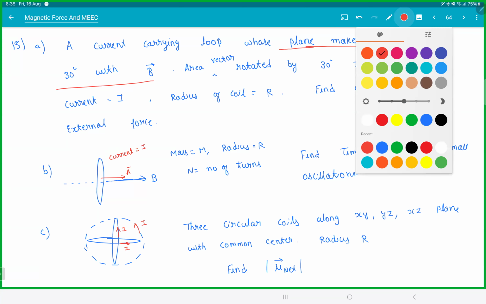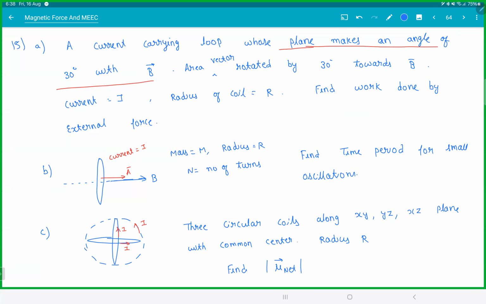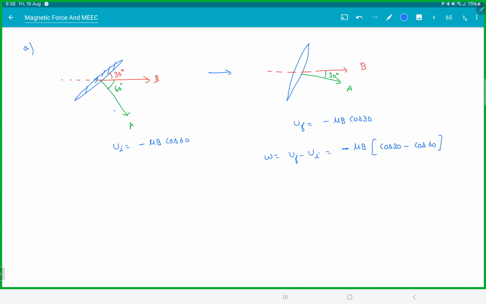Current is I. System is in stable equilibrium. If it is not in equilibrium, bring it to equilibrium. Mu would be N into I into pi r square. Clear, Aryan?